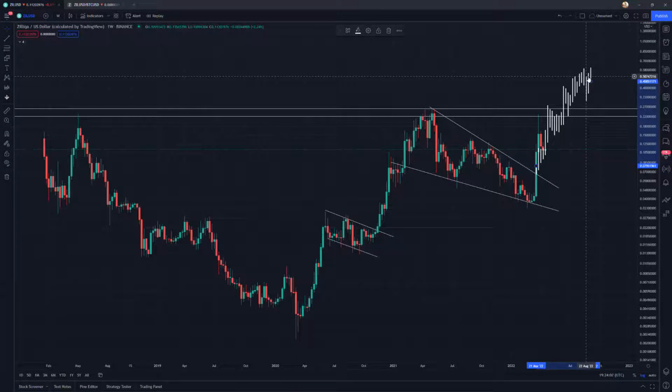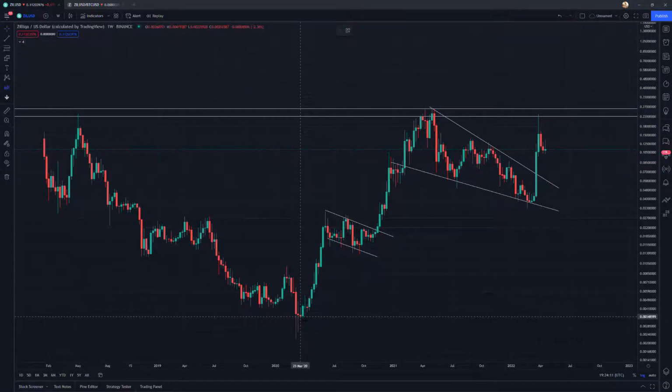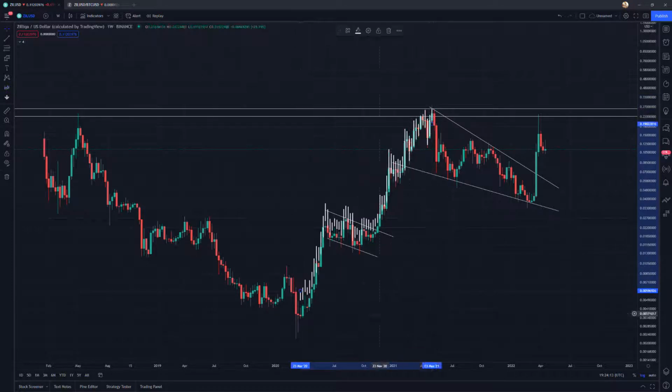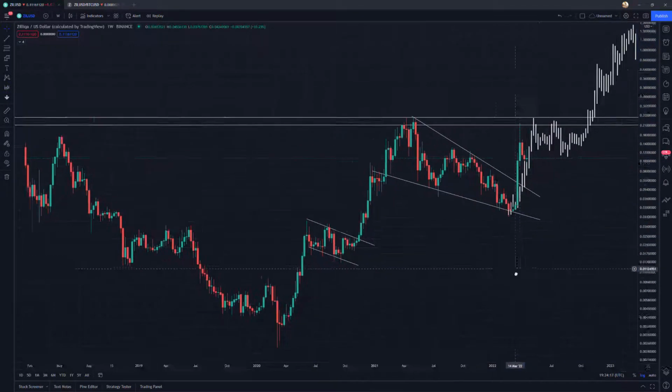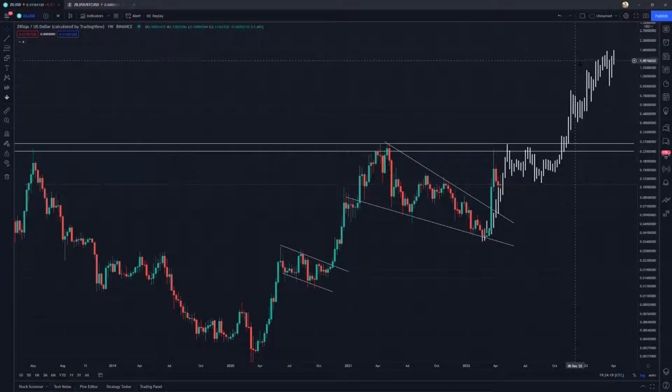If we took a bar pattern of the entire move, from March, and overlay it from the bottom here, then you can see how we can reach that $1.60 area, which is, again, extremely significant. I like to take bar patterns of past moves just to get an idea of realistically what this token is capable of doing and how it has acted in the past.